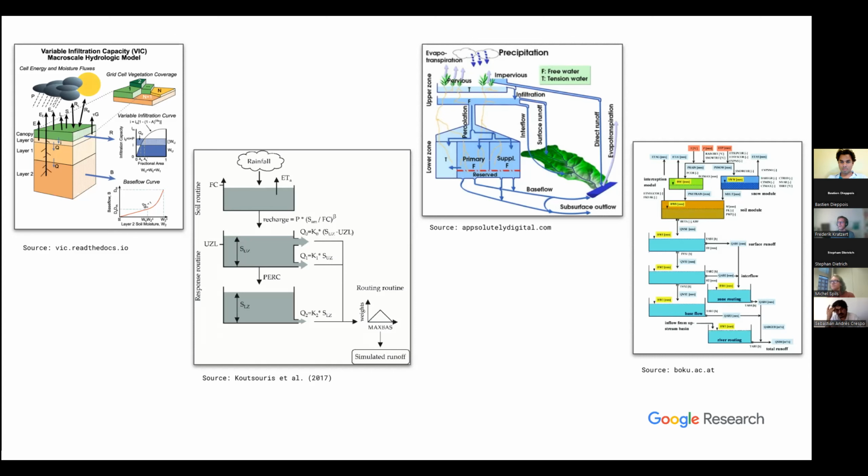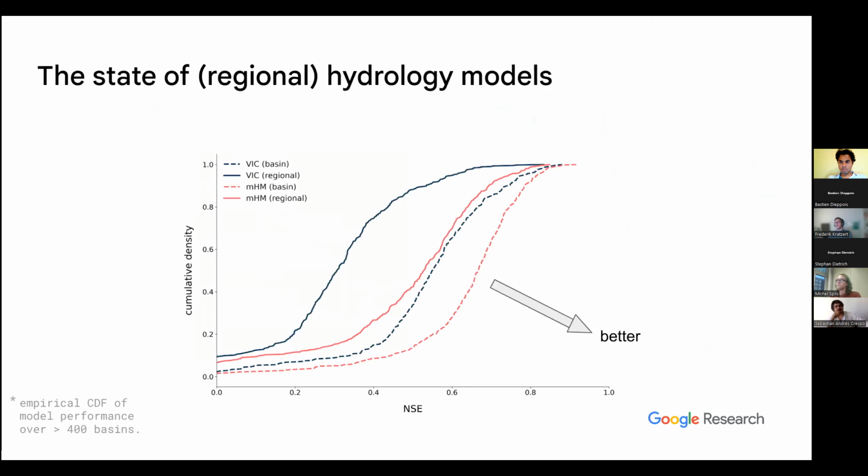And all of these models have in common that they are driven by meteorological forcings, mainly temperature and rainfall, sometimes PET. And then they have to model the entire system, so all of the processes that happen in the catchment and that lead to the final discharge, right? And then on the state of these models, if we look performance-wise, we see the following.